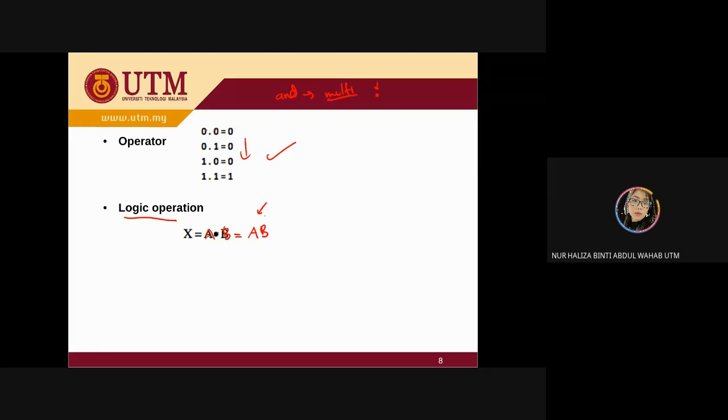In the exam, in your test, we will use this form. We will not use A dot B because it gets messy if, let's say, we have 4 inputs or maybe 5 inputs. Let's say X equals A dot B dot C dot D dot E. It's not very beautiful.